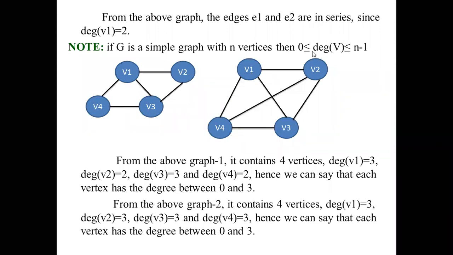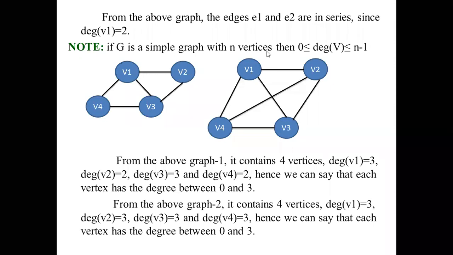If G is a simple graph with n vertices, then 0 is less than or equal to degree of V, which is less than or equal to n minus 1. Okay. From this graph, it contains 4 vertices. Degree of V1 is 3, degree of V2 is 2, degree of V3 is 3 and degree of V4 is 2. Hence, we can say that each vertex has a degree between 0 and 3. Here n represents the number of vertices.